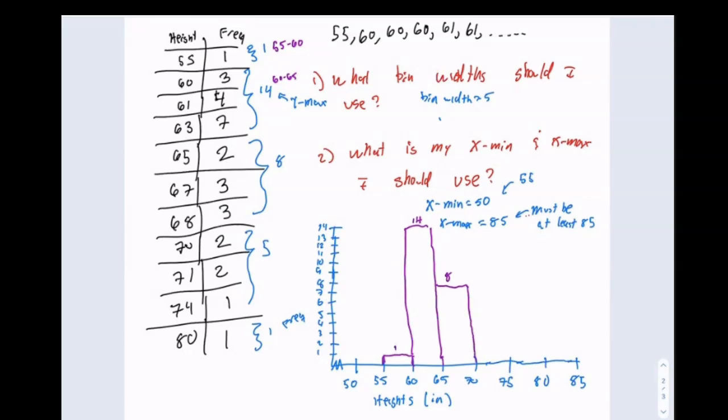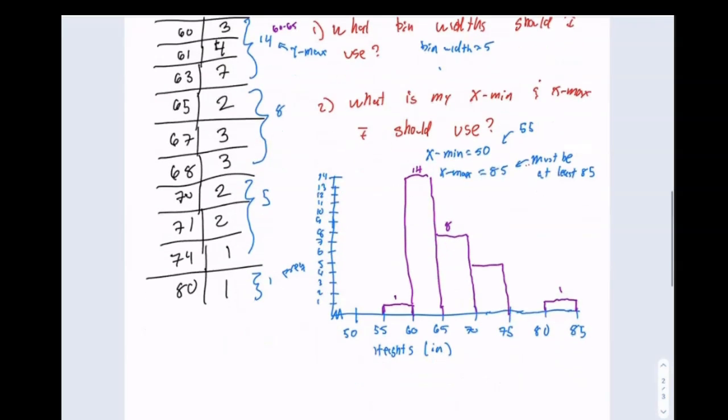My next bin goes to 5. My next bin goes to 1. No. Careful, careful. Is there anything in my next bin? Oh no, there's nothing. So my next bin is actually a gap, and then 1.